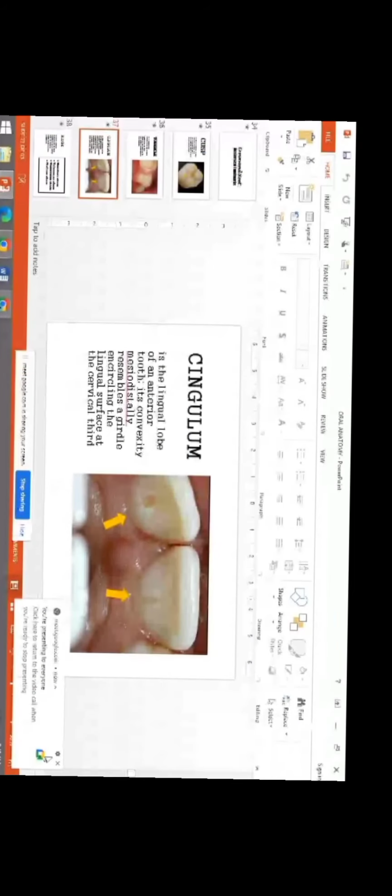Next, you have cingulum. Cingulum is the lingual lobe of an anterior tooth. Its convexity mesiodistally resembles a girdle encircling the lingual surface at the cervical third. Again, lingual lobe, or you can say palatal lobe. They are interchangeable, but in strict terminology, lingual or palatal, you know that already.